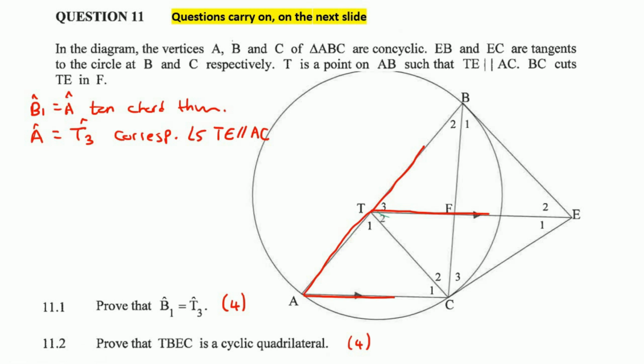So now, can you see the match over there? We just said that angle B1 is the same as angle A, and then we said that angle A is the same as T3. So the logical conclusion is that therefore angle B1 must be the same as T3. There's no reason for that part. That's just a conclusion from the steps we've already said.